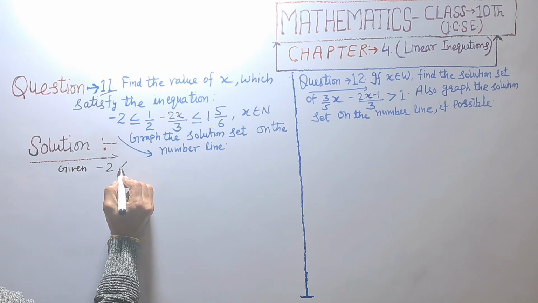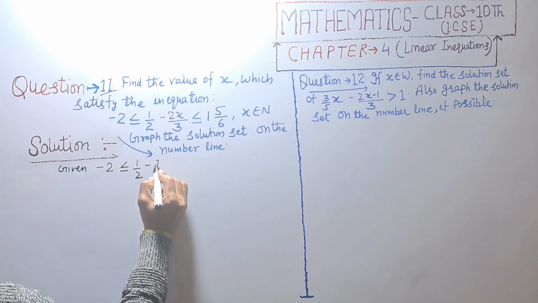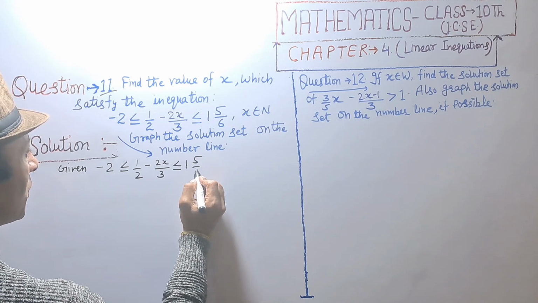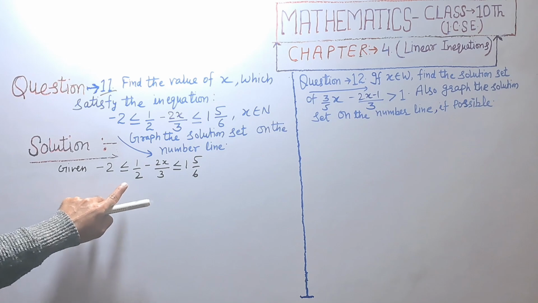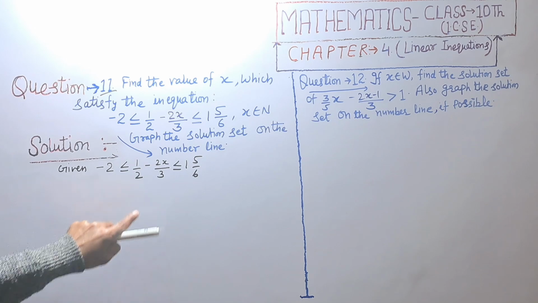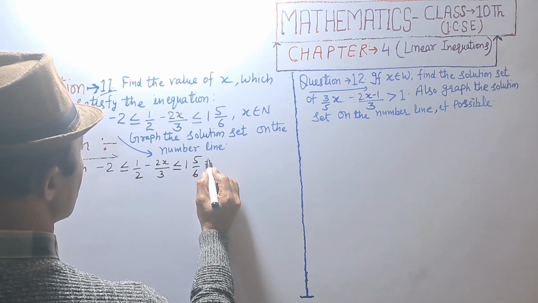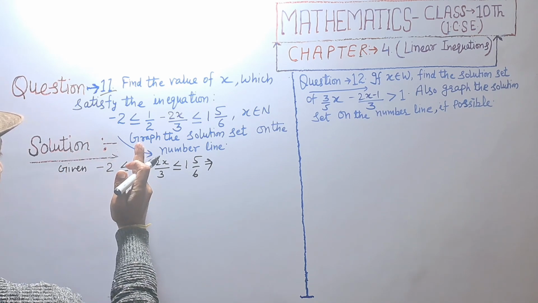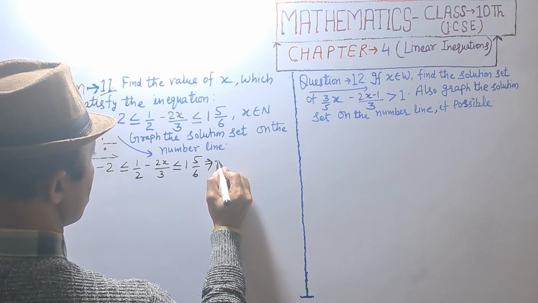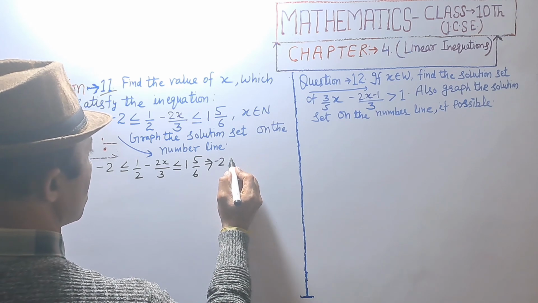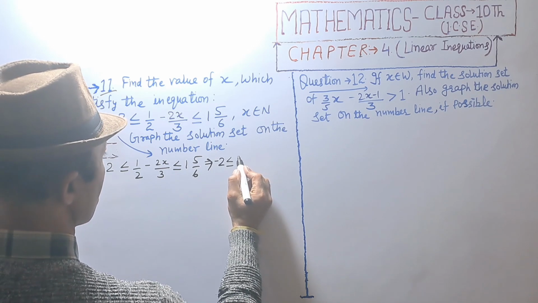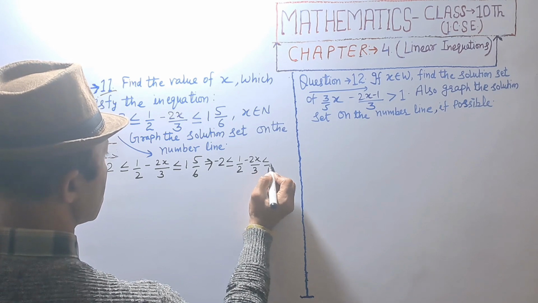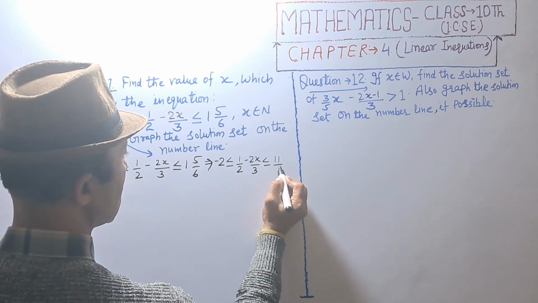Given -2 ≤ 1/2 − 2x/3 ≤ 1 5/6, which implies -2 ≤ 1/2 − 2x/3 ≤ 11/6, since 6 times 1 is 6, plus 5 is 11 upon 6.